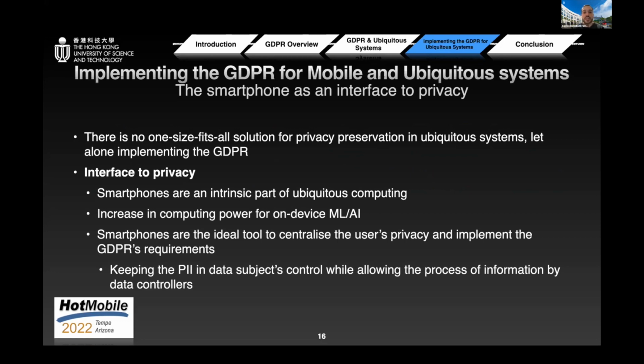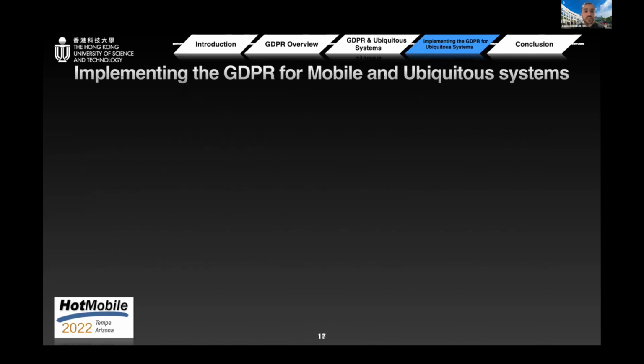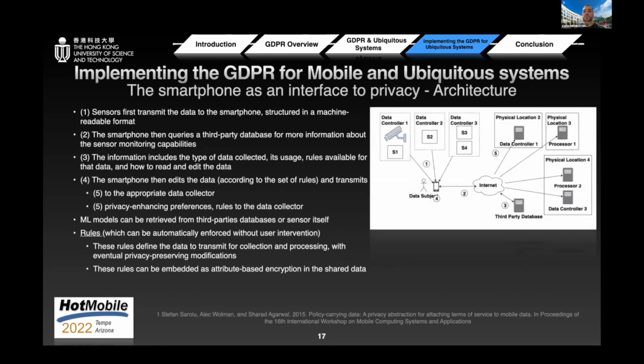Smartphones are an ideal tool to centralize the user's privacy and implement the GDPR requirements, keeping the personally identifiable information under data subjects' control, while allowing the processing of information by data controllers. So as you can see, it's a mixed approach combining previous state-of-the-art works to have everything in the smartphone. As you can see here, an example of how the standard will work.